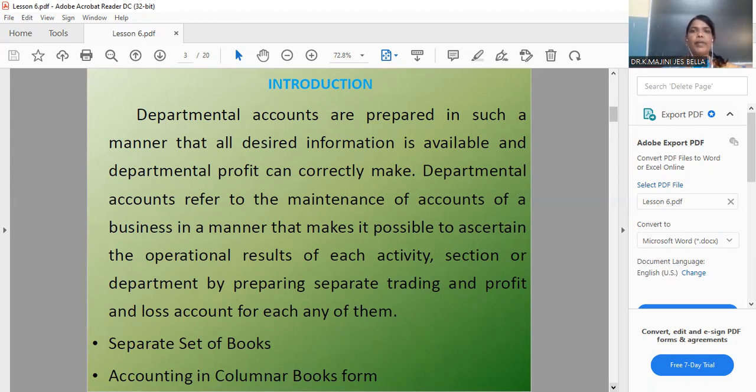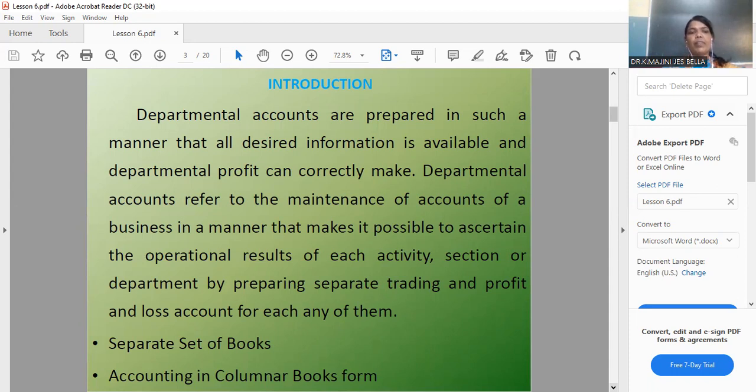Departmental accounts are prepared in such a manner that all desired information is available and a departmental profit can be correctly made. Departmental accounts refer to the maintenance of accounts of a business in a manner that makes it possible to ascertain the operational results of each activity, section, or department by preparing separate trading and profit and loss accounts for each.